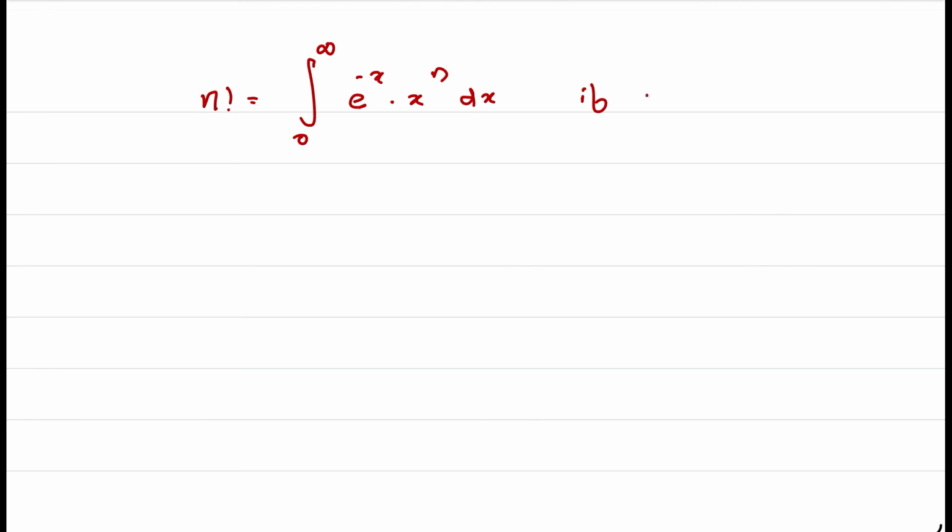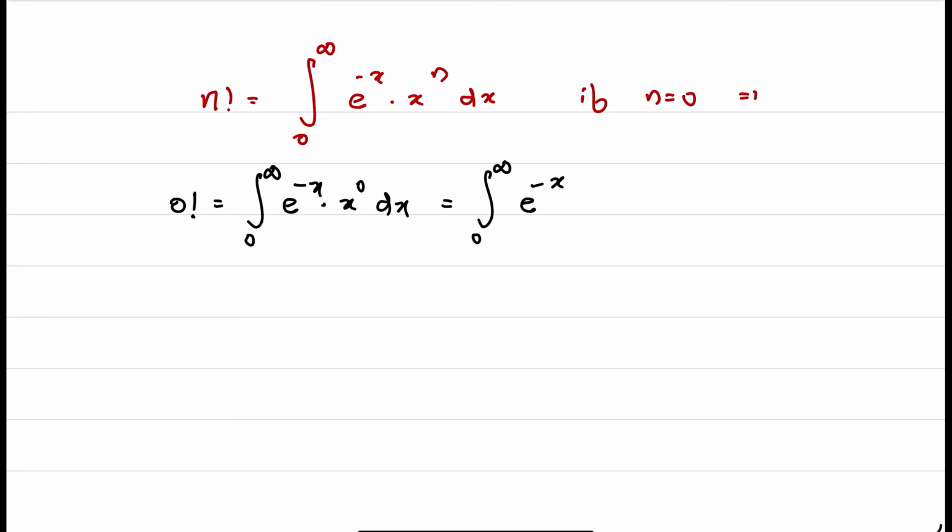If n is equal to 0, that implies factorial 0 is equal to integral 0 to infinity e to the power of minus x into x to the power of 0 dx, that is equal to integral 0 to infinity e to the power of minus x dx, that is equal to 1.